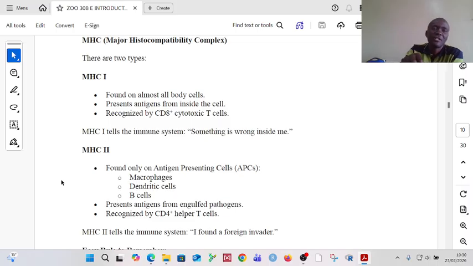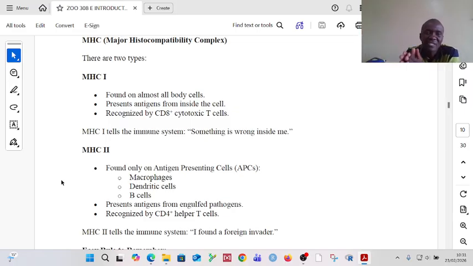Hiyo ndio inatoa the antigens zenye ziko ndani ya hiyo cell iende kuzidisplay on the outside. Okay? So the MHC1 presents antigens that are from inside that particular cell. So it just tells the immune system that inside this cell I found antigens, and here they are.